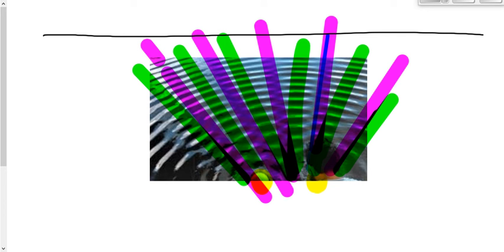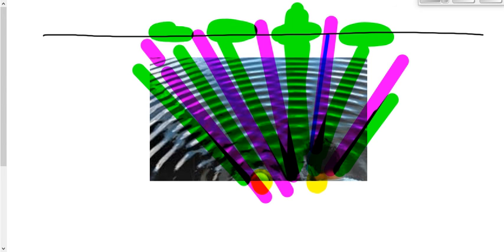We end up getting this middle area, this spot in the middle of constructive interference. That would be a bright spot on the screen. And then right beside it, we get an area of destructive interference where it's a dark spot, in other words, the absence of light. And then beside that, another bright spot, and so on.